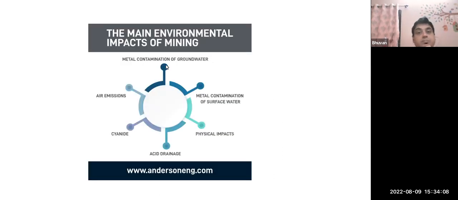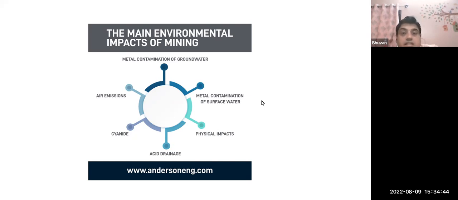Here we can see the main environmental impacts of mining. The first one is air emissions. If we mine various kinds of metals and even fossil fuels, a large amount of dust and particulate matter is generated, along with the recurrent mine fires, especially in the mining of coal. That results in various pollutants being released, contaminating the air and resulting in air pollution.